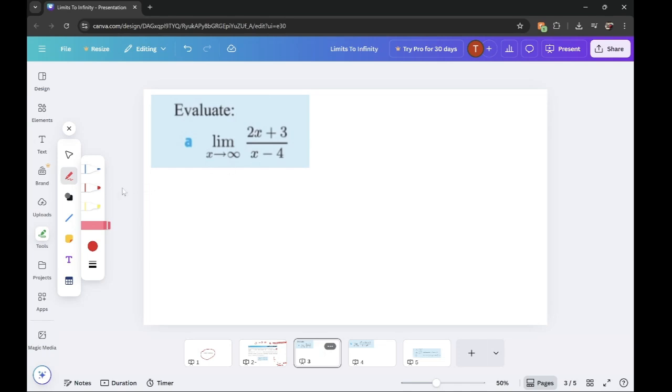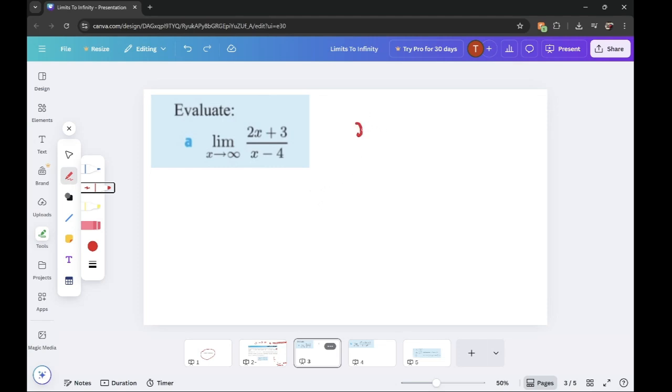The usual approach is to try to eliminate an x. Usually we remove it from the numerator but leave it in the denominator, but in this case the question is a little different.